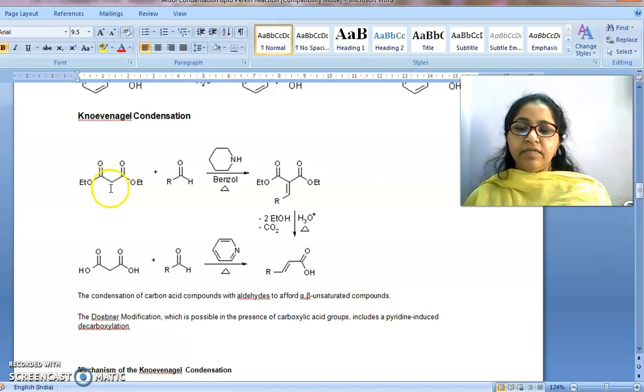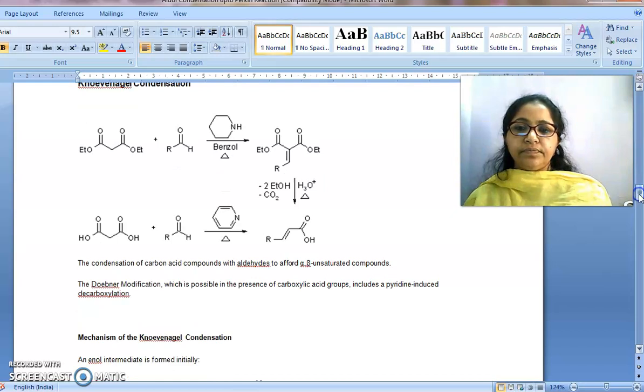Okay, if it is not having this hydrogen, this reaction will not occur, and it will condense with another different molecule, that is an aldehyde. Okay, so in presence of 1, 2, 3, 4 pentahydride pyridine, sorry, pyridine.